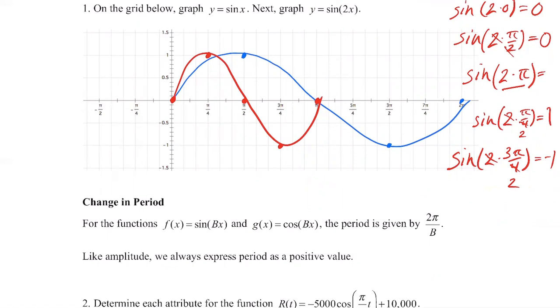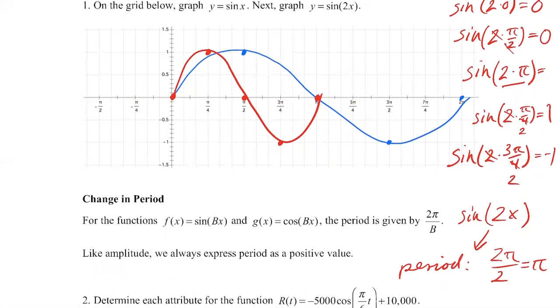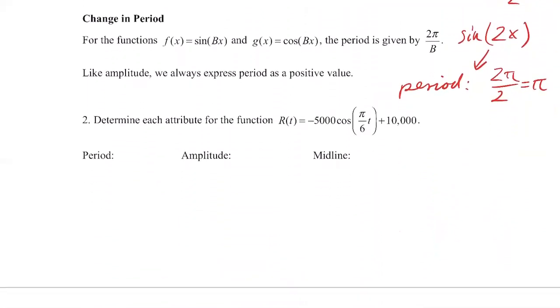So for our example of sine of 2x, the new period would be 2 pi divided by 2, which is pi. The whole cycle happens within pi units. And like amplitude, we always express period as a positive value. So even if b were negative, we would still express the period as a positive value. Okay.